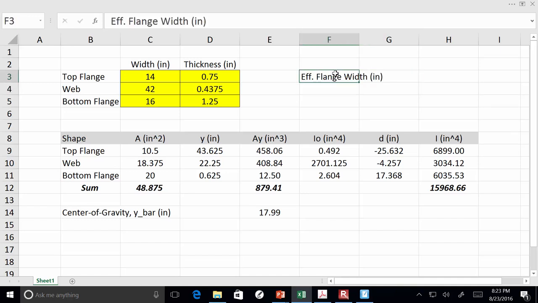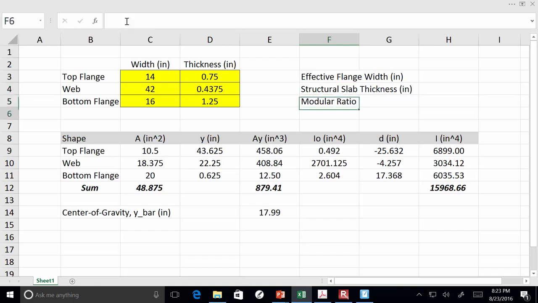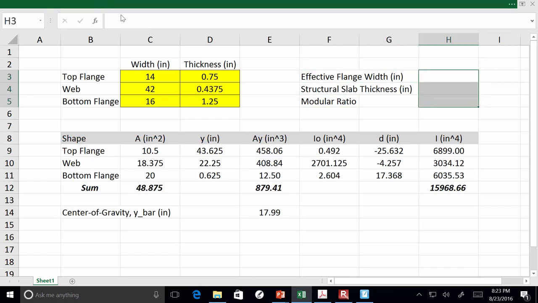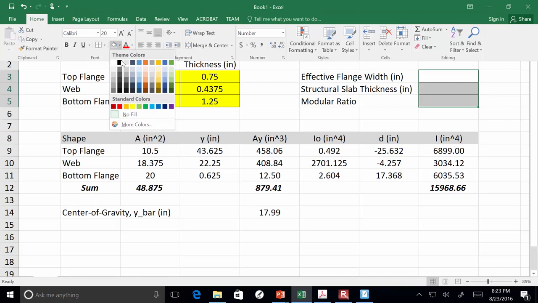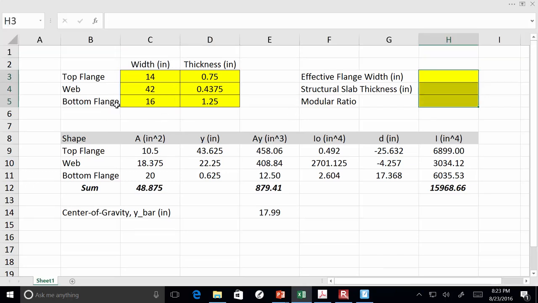Let's add a structural slab thickness. And let's add a modular ratio. All right, and fill that in. So now we've got some new input, okay?